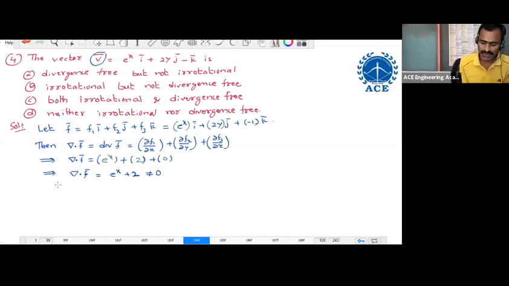Whenever the divergence is equal to 0, we can say that f bar is a divergence free vector or solenoidal vector. But here the divergence is not equal to 0, so it is not divergence free. Therefore, f bar is not divergence free.